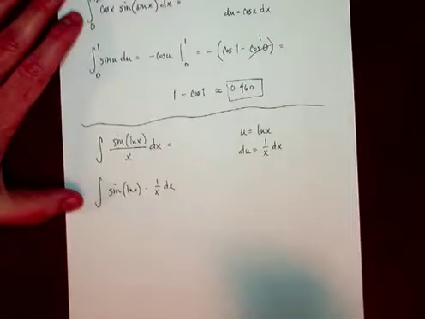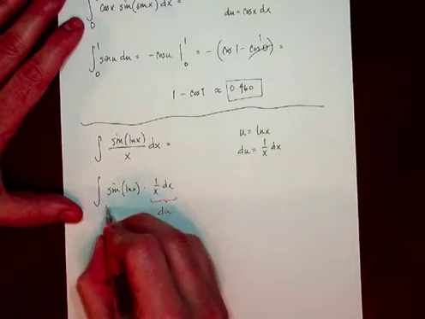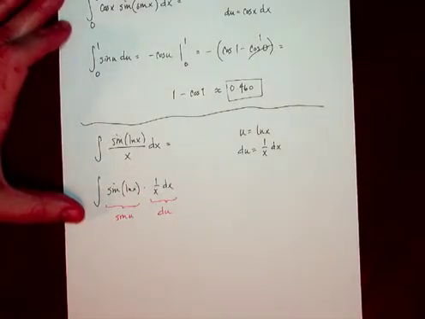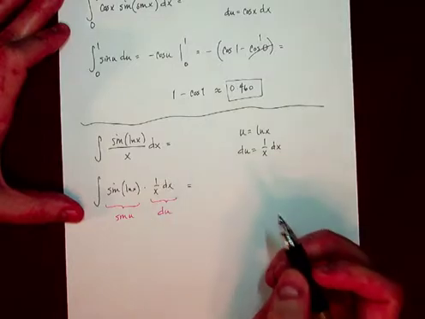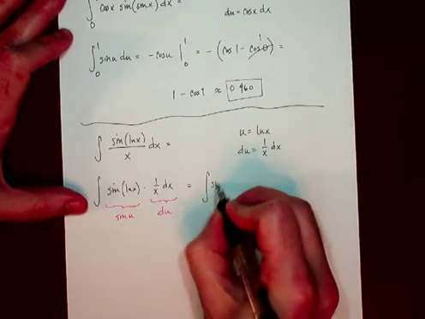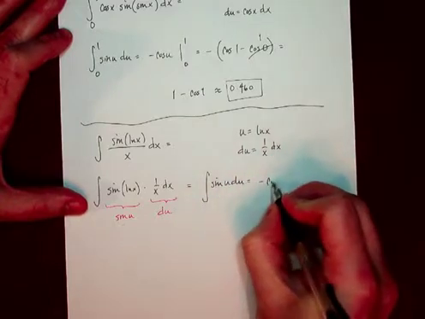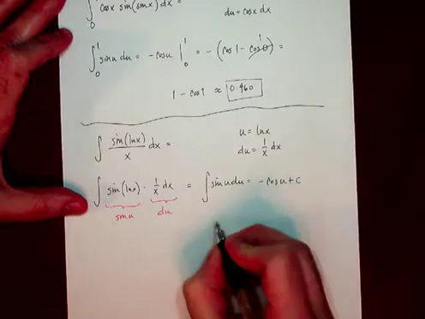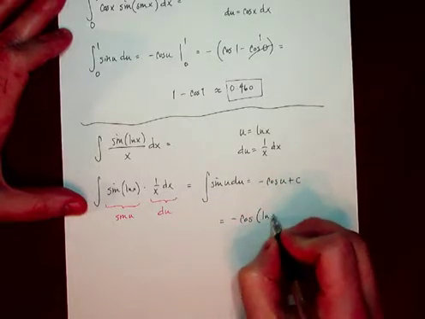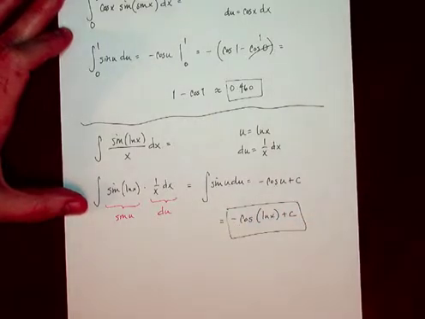This right here is my du, and this right here is my sine u. So many of these wind up being sine u du, but sine u du it is, and we get negative cosine u plus c, which is negative cosine of natural log of x plus c, and that is our indefinite integral.